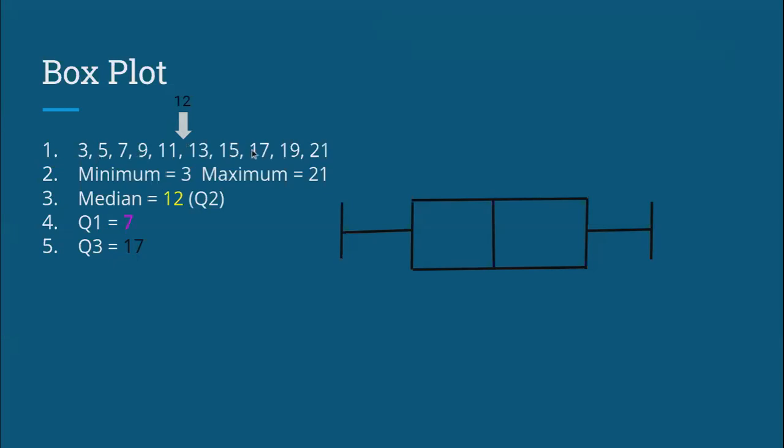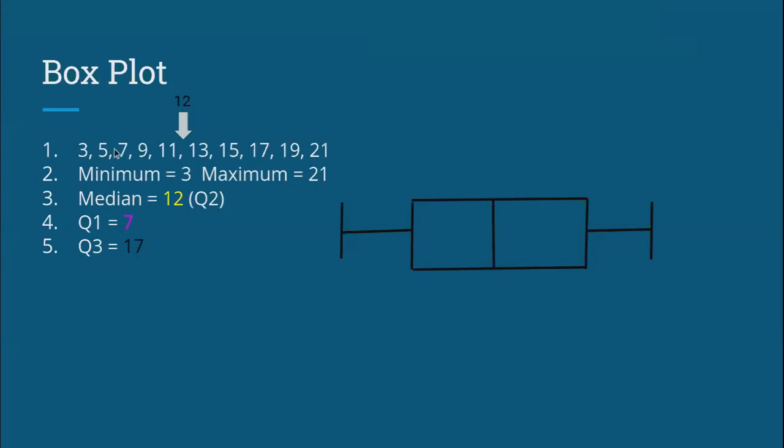again, the first line should be the data in numerical order. But here, on your paper, you need to put a little arrow and put 12 as the median, because if you do not, you will probably not get Q1, which is the median of the lower half of the data, or Q3, which is the median of the upper half of the data, because you didn't put in the median.